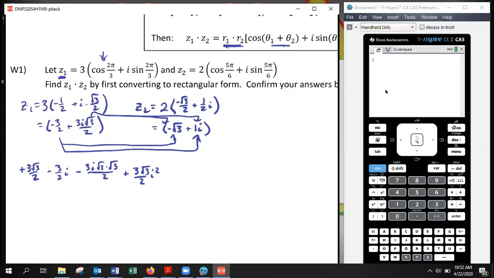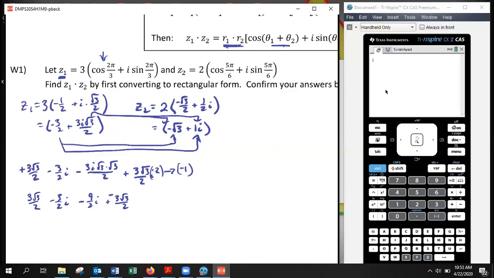Now let's clean it up a bit. First term is still 3 square root of 3 over 2. The second term is still negative 3 halves i, so not much cleanup there. This third term, multiplying the square root of 3 times itself, we have negative 9 halves i. And then the last one, if you remember, i squared is equivalent to negative 1, and by the way, we're going to explore that a little bit more today, so that ends up multiplying it by negative.